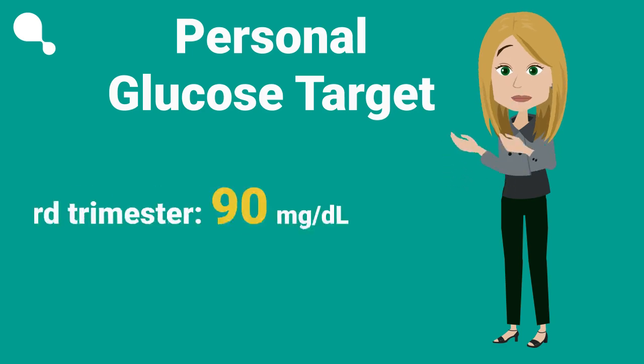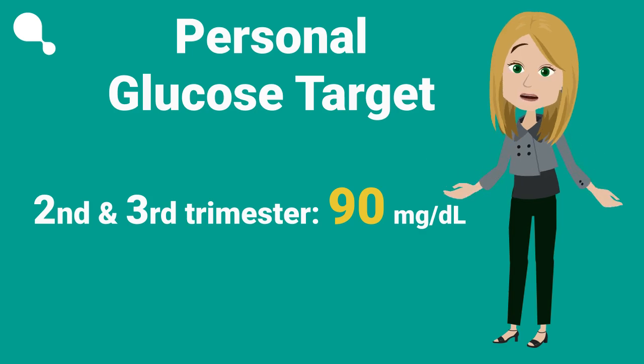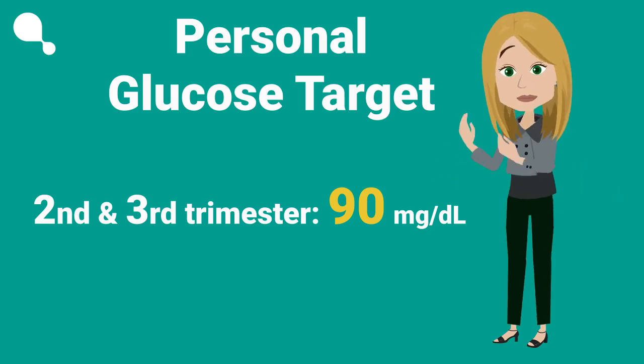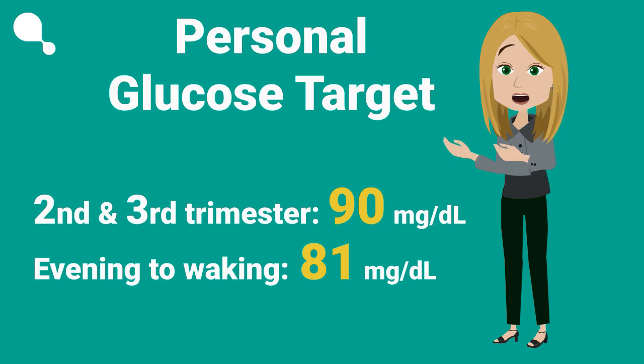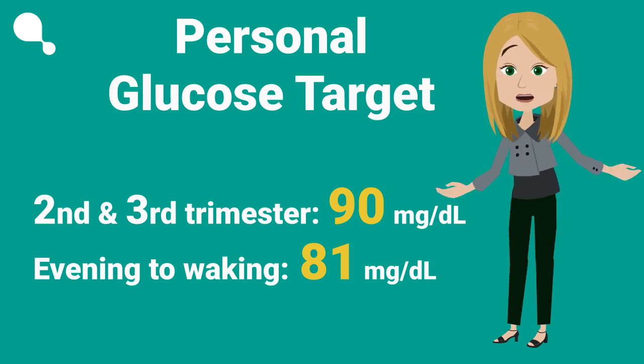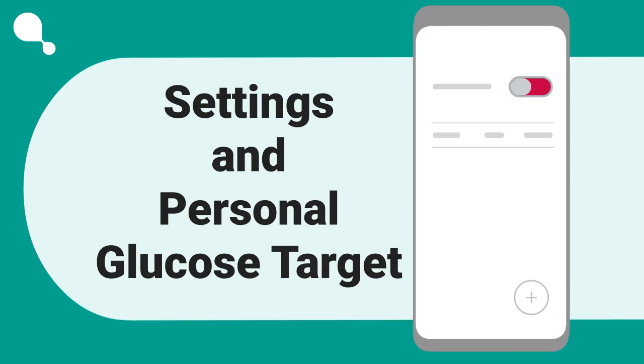In the second and third trimester, the personal glucose target is often lowered to 90 milligrams per deciliter in the daytime. If appropriate, the overnight target might be adjusted from the evening meal or bedtime to waking to 81 milligrams per deciliter. You can change your target in the settings and personal glucose target menu.